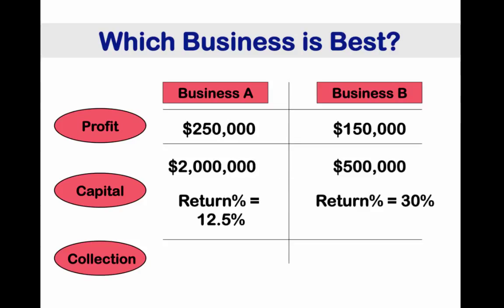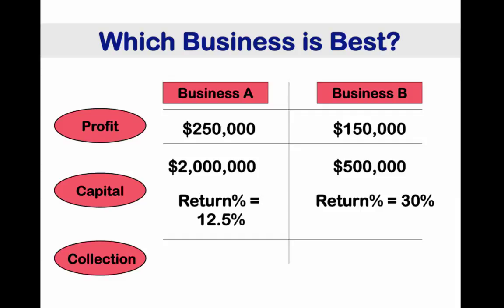Business B has only had an investment of $500,000, so the return on equity from that business is 30%. So which business is better now? That return on investment is looking pretty good there at 30%. So, well, maybe business B is better.